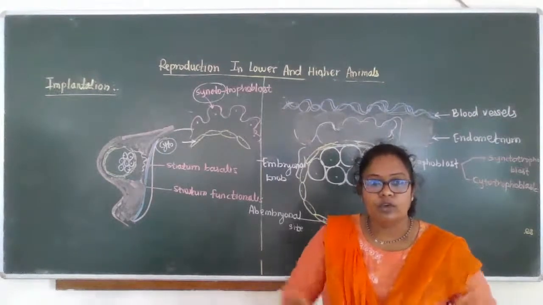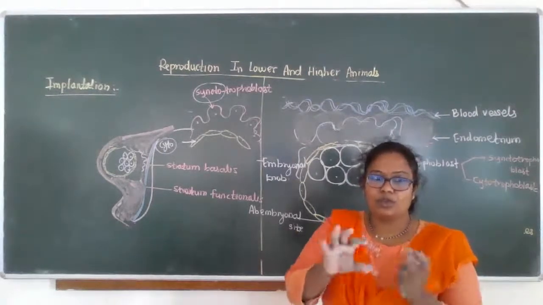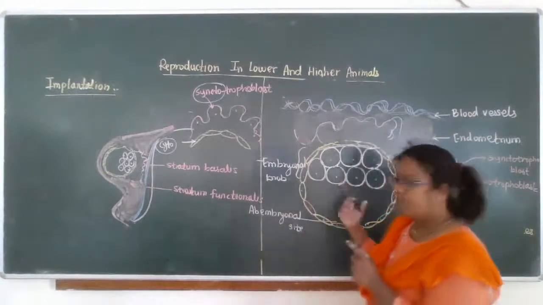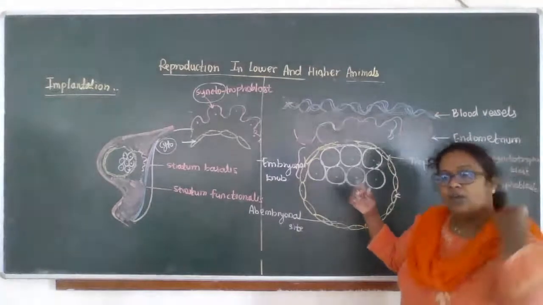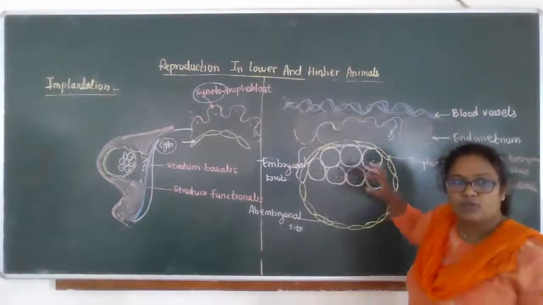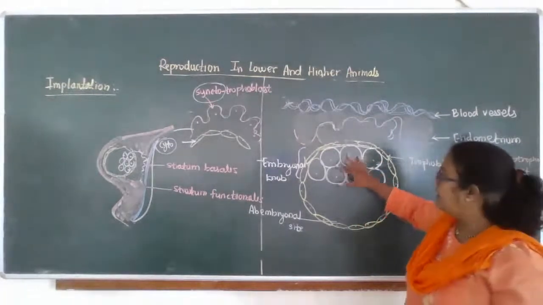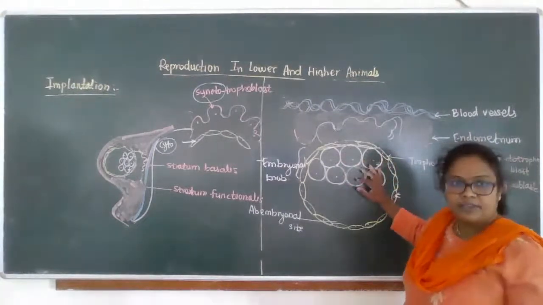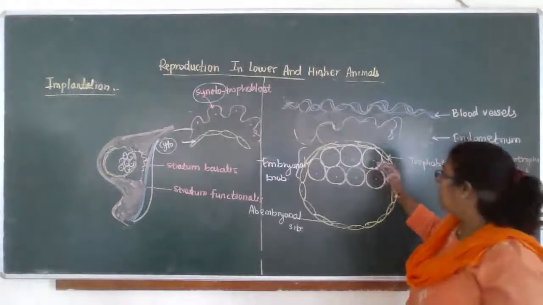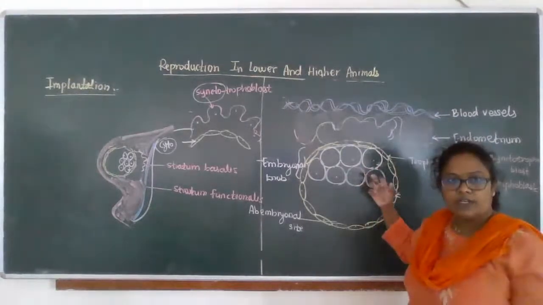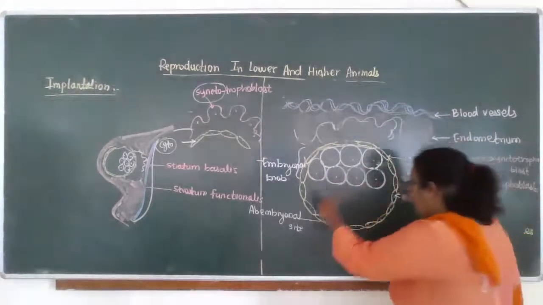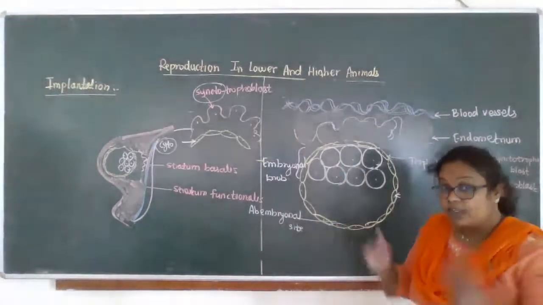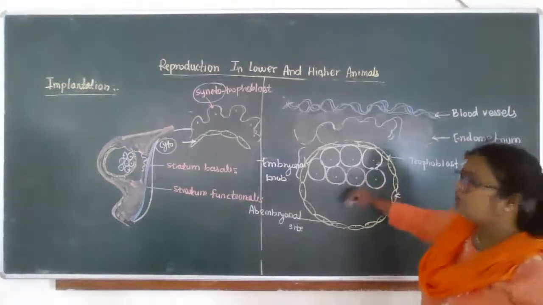The uterine fluid enters into the morula, so that the blastula gets formed, a fluid-filled cavity gets formed, and the big cells move towards one side and adhere to that point. That is a firm attachment now, called the inner cell mass. These cells are called the inner cell mass, and the outer cells are called the trophoblast. Clear?